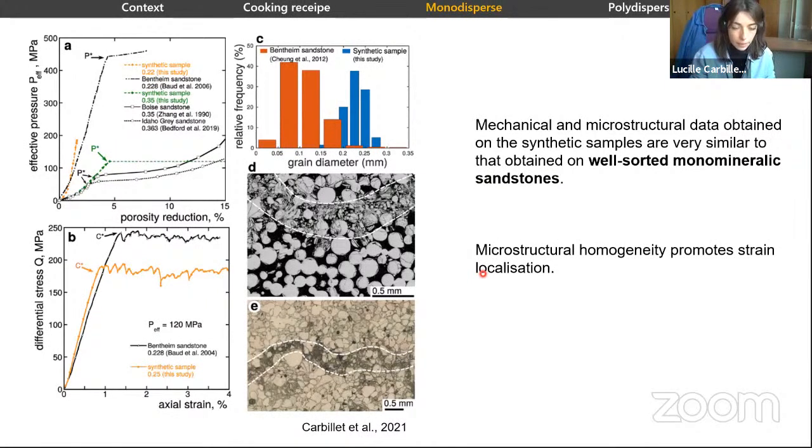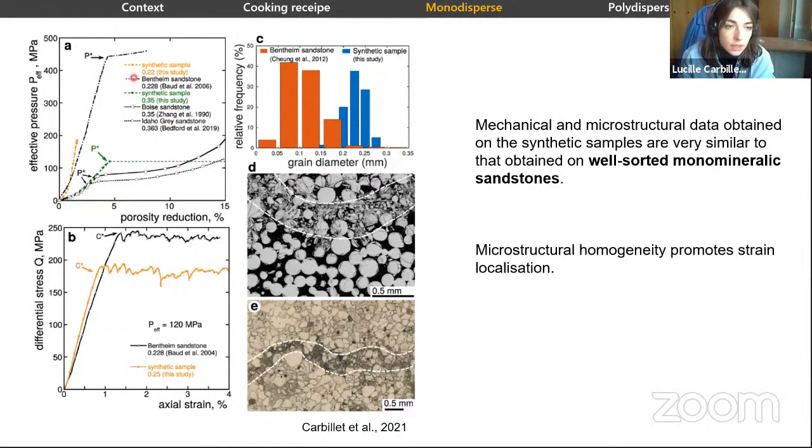So in figure A, there's a compilation of mechanical data from hydrostatic loading. It's plotted as the effective pressure against the porosity reduction, and the colored curves are the ones obtained on the synthetic samples, while the black curves are the ones for natural sandstones.